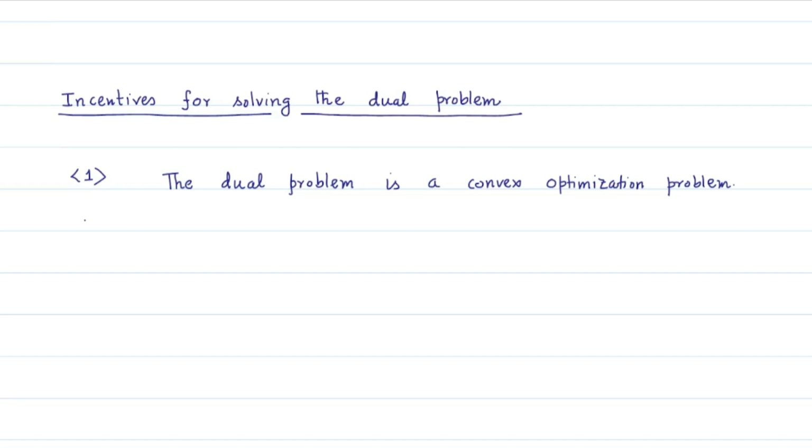function value. The second incentive is that the dual problem has simpler constraints. The constraint of the dual problem is just given by lambda greater than or equal to 0, right? And not only that, commonly the dual problem has a smaller dimension.